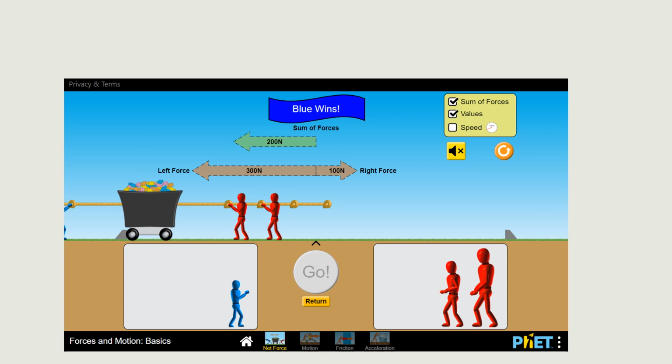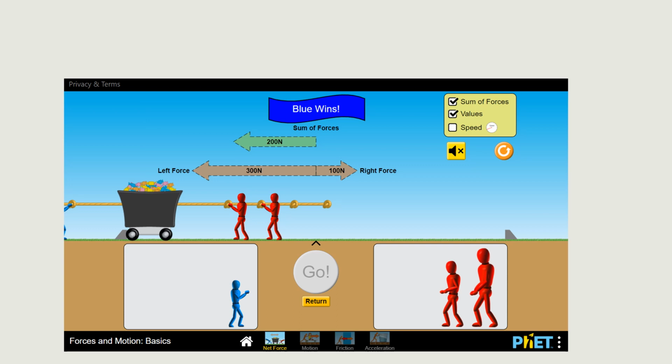In this case, you have 50 newtons of force on the left side and 100 newtons on the right side. Definitely the right side is much stronger than the left side, so the chart will move to the right. The difference between the forces on the left and the right side is basically 50 newtons.